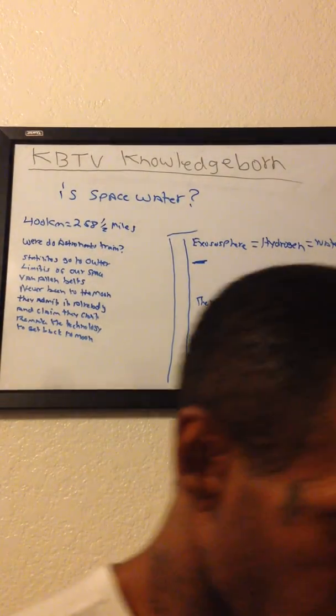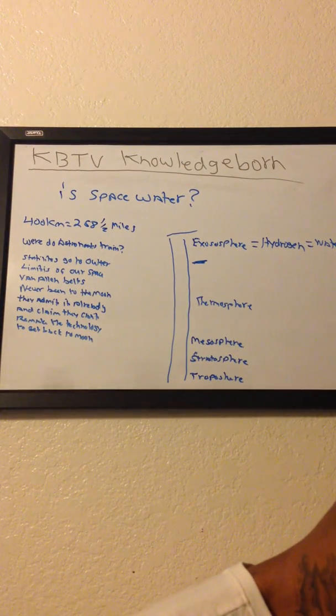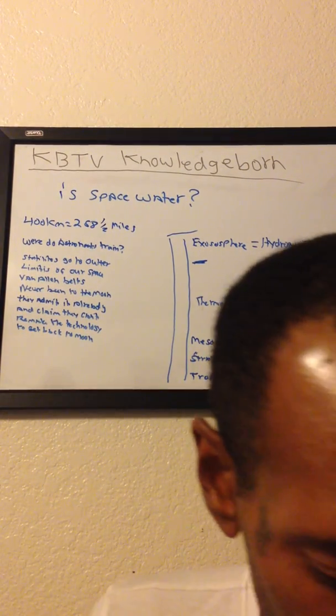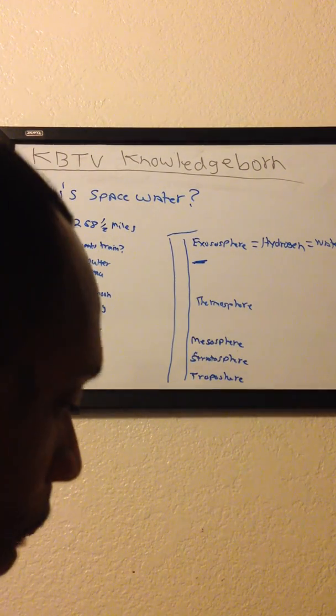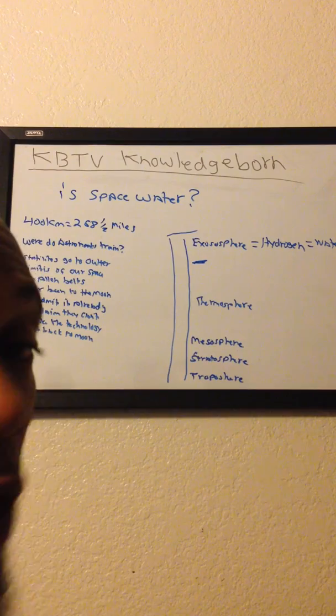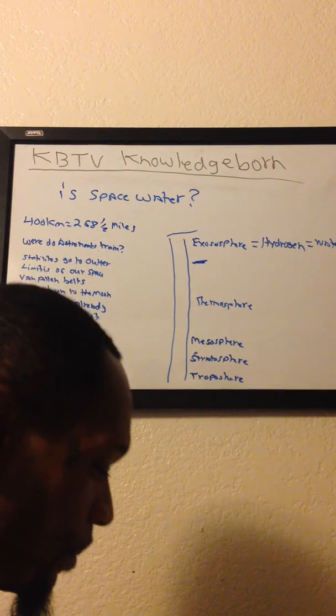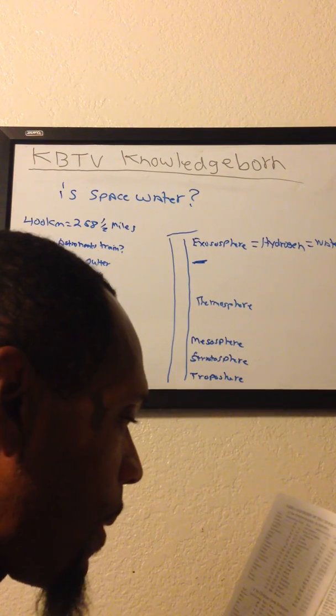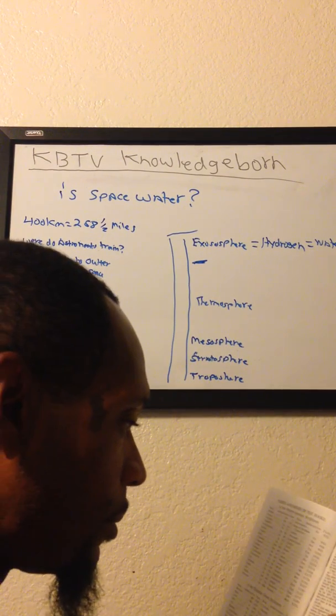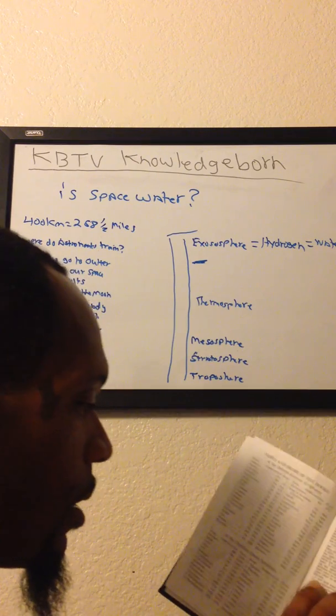Now, going in a little deeper, y'all. I don't want to hold y'all too much, but going in a little deeper. All right, I gotta get into the Bible because it all coincides. So let's start from Genesis, chapter 1. I'm going to start from verse 6.